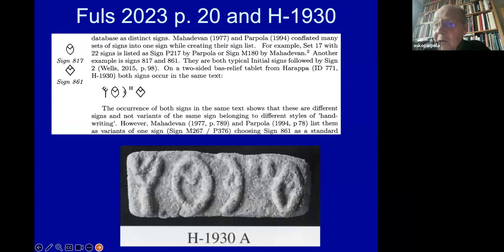Wells and Fuls, however, have taken them to be separate graphemes because, according to them, both signs are used in one and the same inscription on a tablet from Harappa. In the photo of that tablet, however, also the sign on the right has a circular edge and not angular edge, at least on the right side.